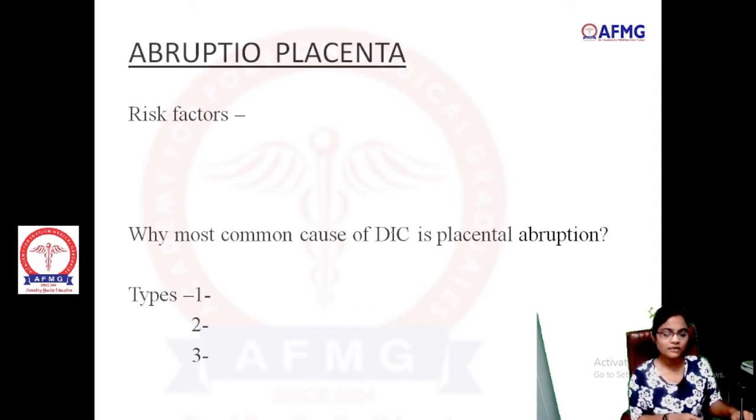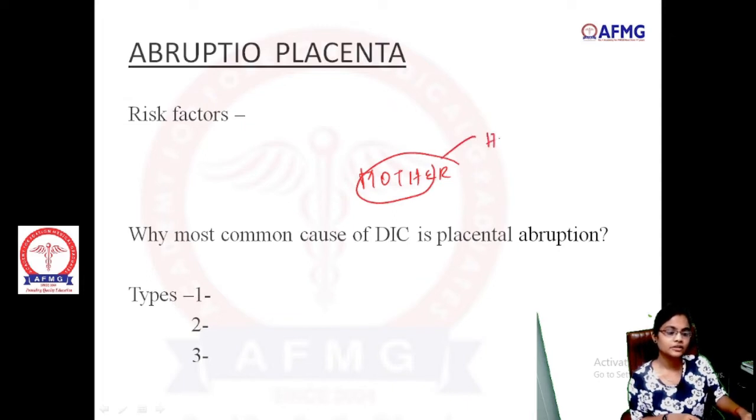So what are the risk factors included in that? For example, if the mother has hypertension, she might develop preeclampsia, and preeclampsia might be a risk factor for abruptio placenta.